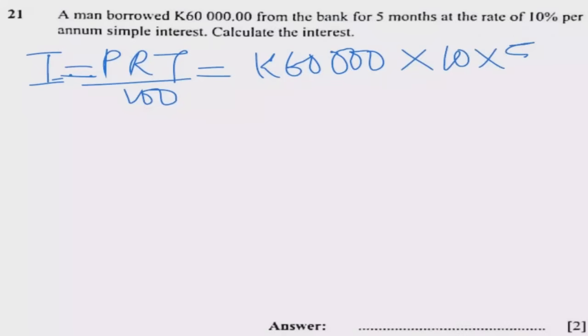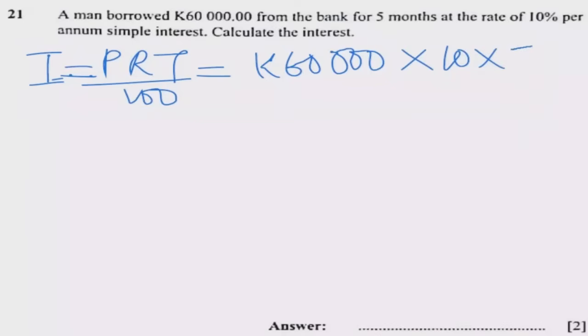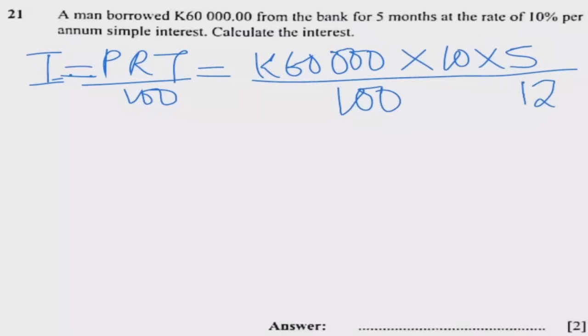Now, per annum, in a year there are 12 months. So we write 5 months as a fraction, 5 out of 12, over 100.